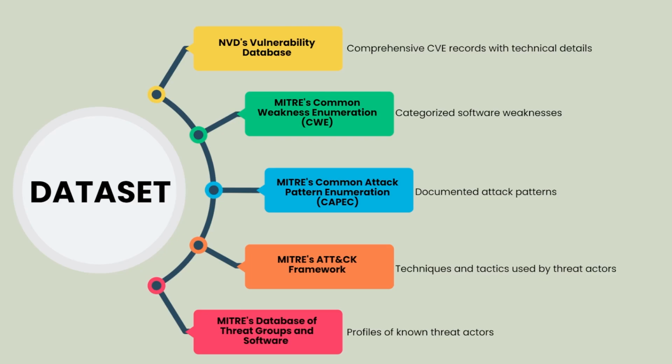MITRE CAPEC, Common Attack Pattern Enumeration, documents attack patterns that have already happened. MITRE ATT&CK framework covers the techniques and tactics used by threat actors, and MITRE's database of threat groups and software profiles known threat actors. By integrating these datasets into a unified knowledge graph, we can trace the relationship between specific vulnerabilities and the threat actors more likely to exploit them.